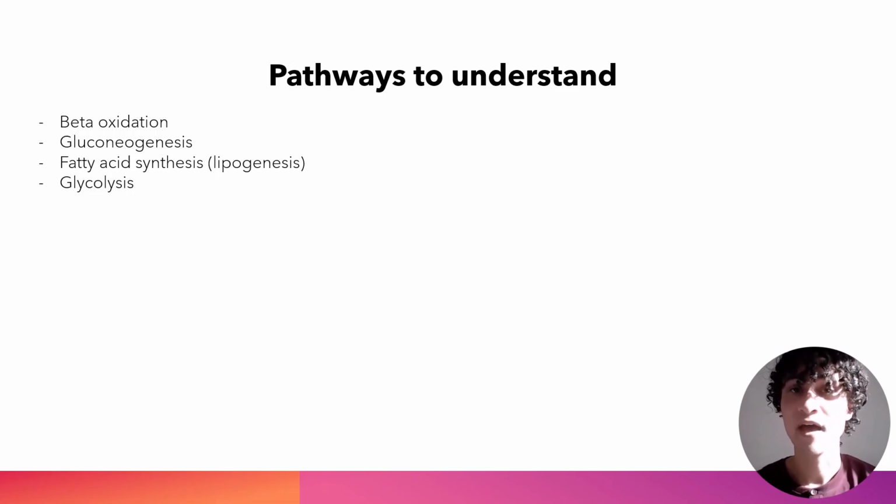Of course, that acetyl-CoA can enter the Krebs cycle, and then you get the generation of the reduced coenzymes NADH and FADH2, and they can donate electrons to the electron transport chain, oxidative phosphorylation, and produce the vast amount of ATP that is produced during cellular respiration. These are the metabolic pathways that I think are important to understand when looking at the bigger picture, and you'll see why as we move through these slides.